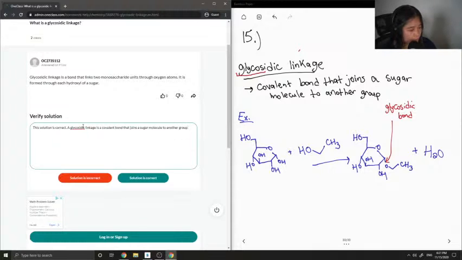I'll just say to another group, since I have an example where it is just added with an ethanol.